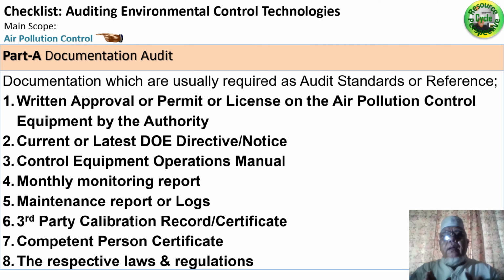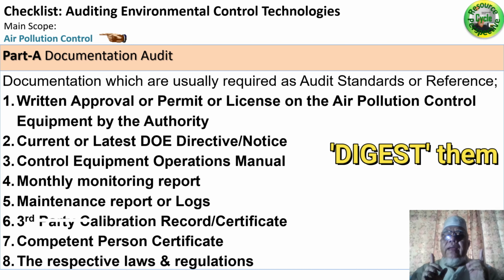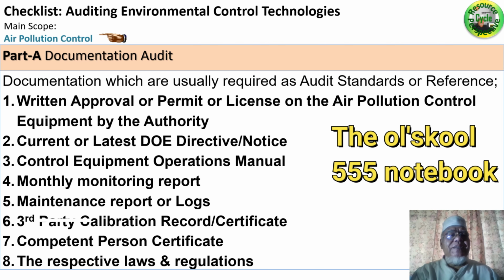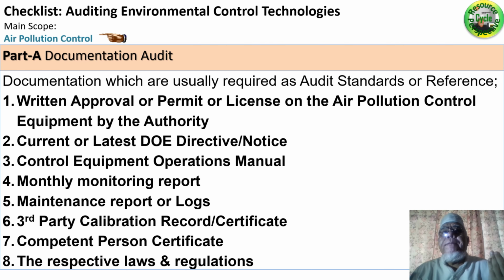They are the black and whites, literally, of their legibility as the approved and functional pollution control equipment. We need to read and understand all of them. I usually have a pocket note when I do this. Now let us begin and go through them.